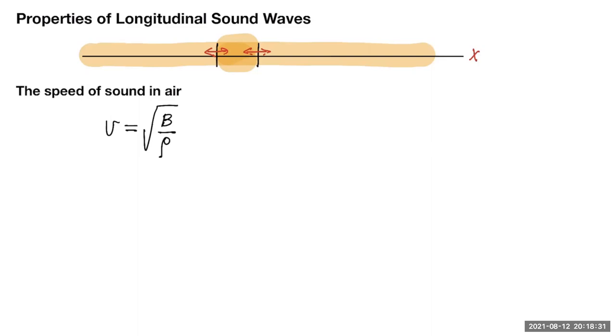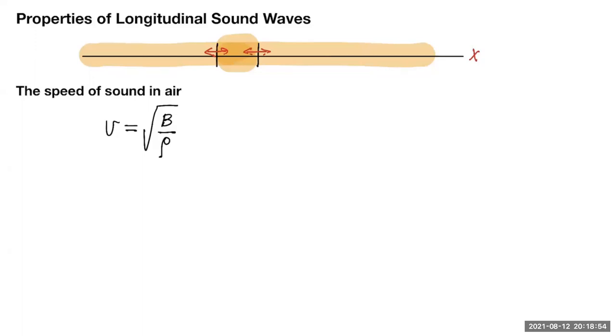Perhaps the single most important example of the speed of sound is that in air, because we humans live in air, and we listen to the sound in air, so we really need to know the speed of sound in air. Air is a gas, and gases can easily be compressed, relatively speaking.